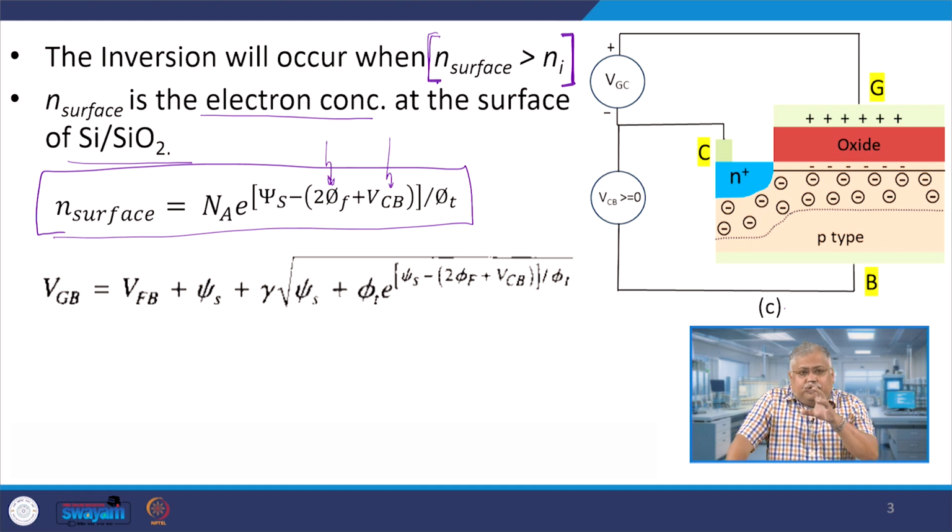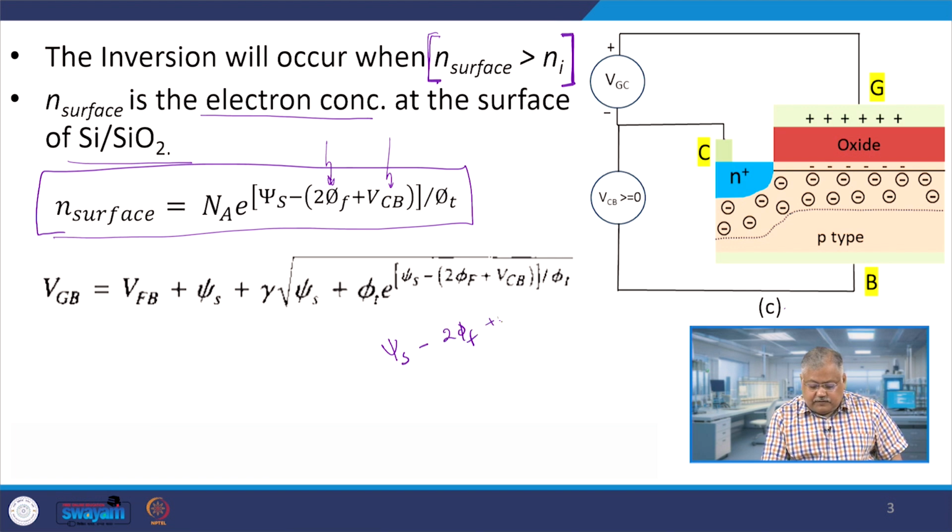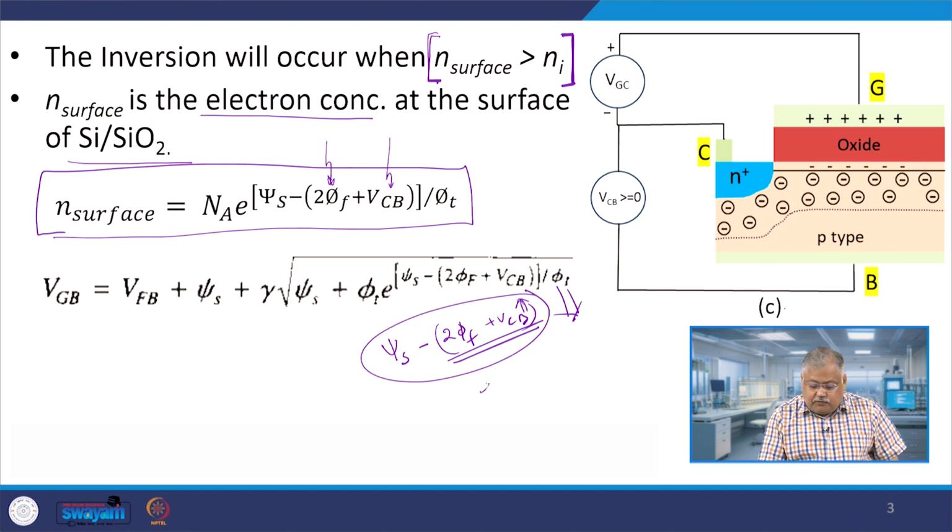Once you do that, your inversion layer goes down, and that is the reason you see it is psi s minus 2 phi f plus VCB. So, when this term VCB goes up, this quantity goes up. When this quantity goes up, this quantity goes down, right? This quantity goes down, and therefore the exponential of that quantity which I have written here will actually go down, and this is true also.